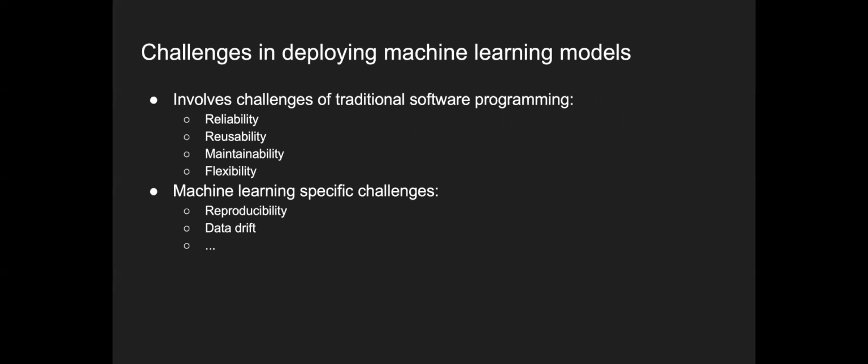Maintainability is to maintain the software, and flexibility is that you can easily add or remove functions. Then in addition, you have machine learning specific challenges like reproducibility and data drift. We will talk about this also later in this lecture.